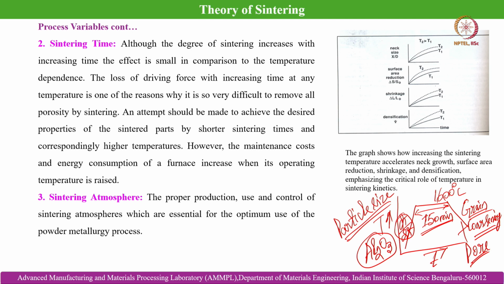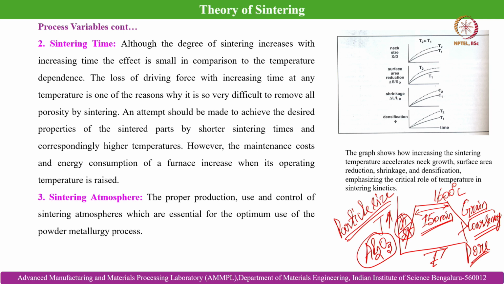Other than these three, that is sintering temperature, heating rate and sintering time, there is the sintering environment. The proper production, use and control of sintering atmospheres are essential for the optimum use of the powder metallurgy process. So, atmosphere is also important.